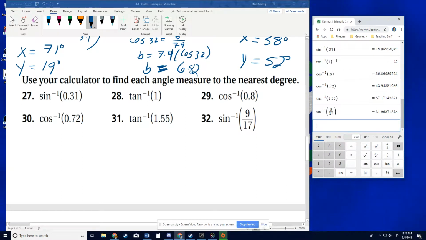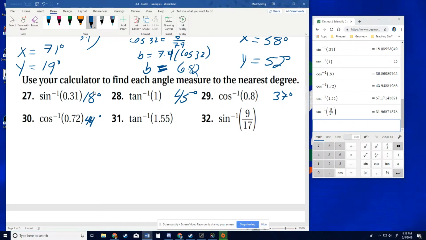All right, so we start up here, 0.31. We can just round to the nearest degree. So we have 18 degrees, 45 degrees, which makes sense, 37 degrees, and for cosine 0.72, 44 degrees.